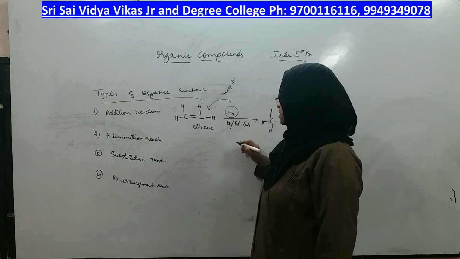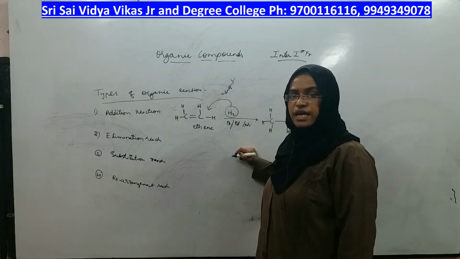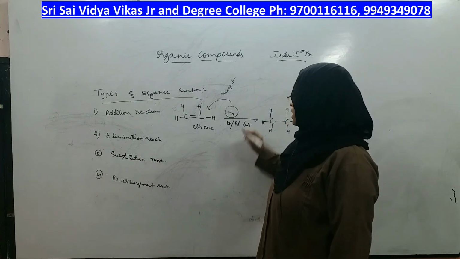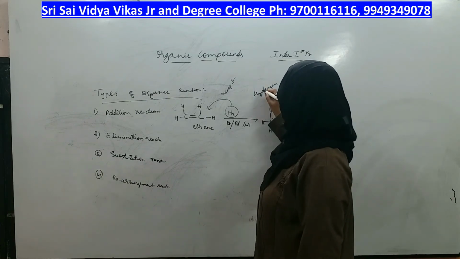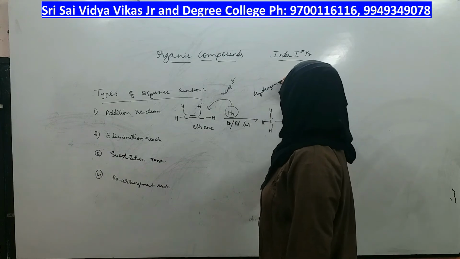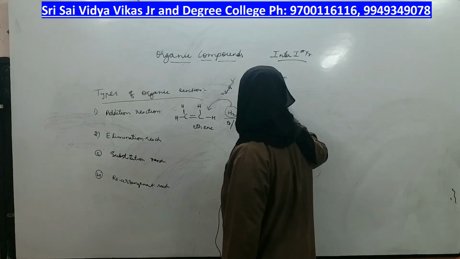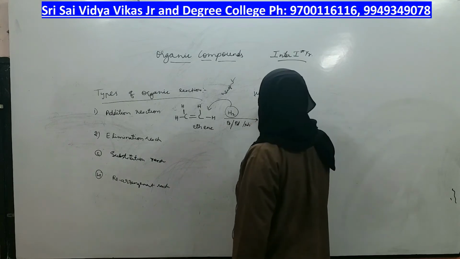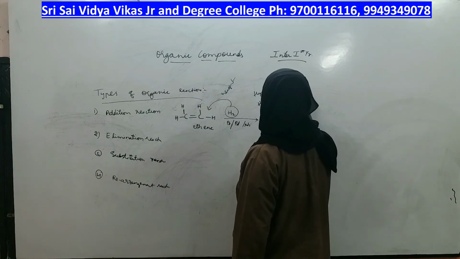In this reaction, which reagent have I taken? I have taken hydrogen gas as the reagent. So that addition is called hydrogen gas addition, right? If you add hydrogen gas, the reaction is called hydrogenation. If you add HCl, what does it mean? Hydrohalogen.